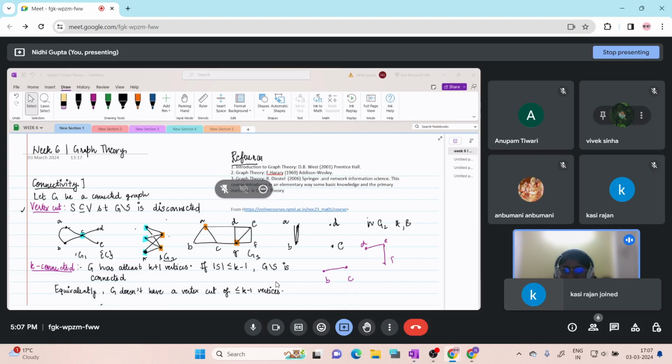So A and G also form a vertex cut. So in G3, can you give me any other vertex cut? Basically a set of two vertices which makes this graph disconnected other than A and G.